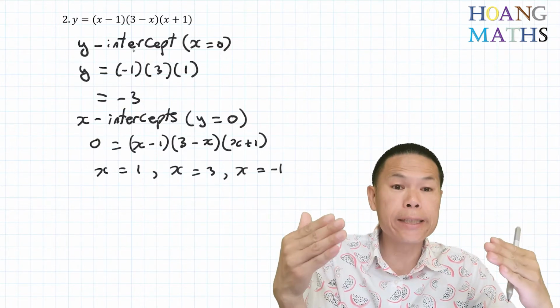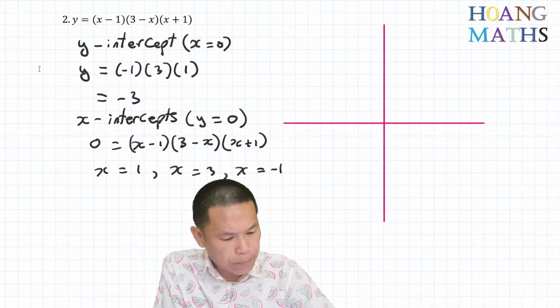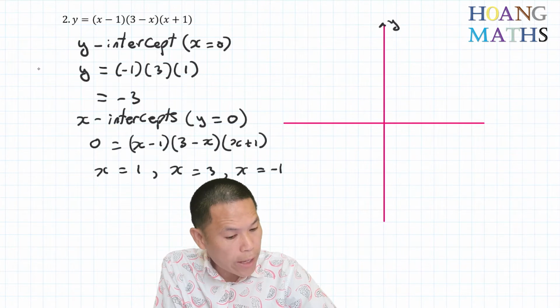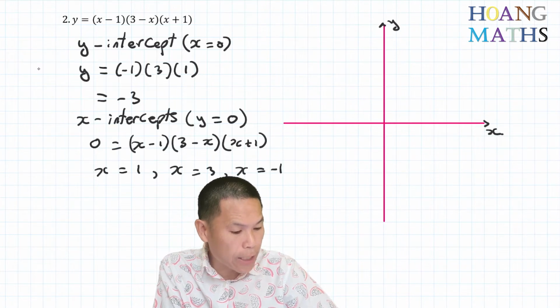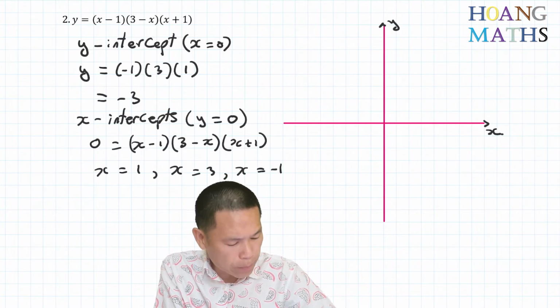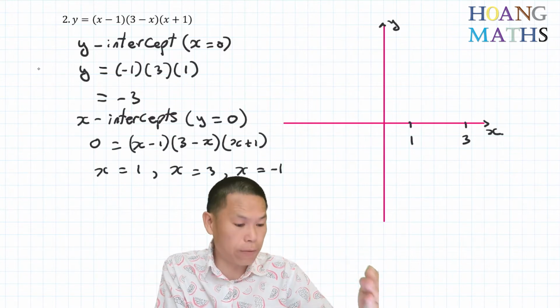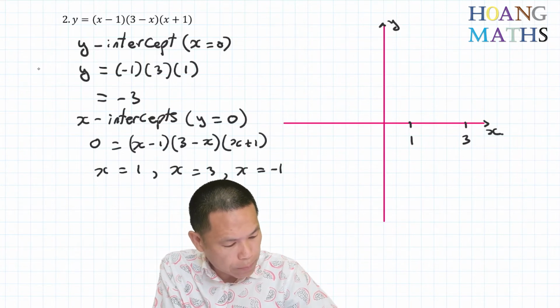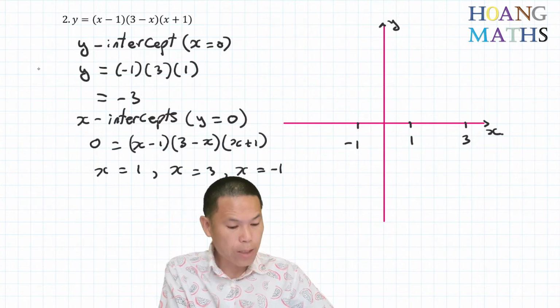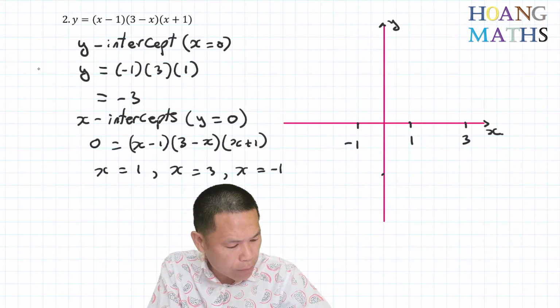So that is the x-intercepts. Now we just graph it. This is the y-axis, this is the x-axis. We have 1, 3, and negative 1 as the x-intercepts. So I put 1 here, and then 3 roughly. Drawn not to scale, but still relative, okay? And then negative 1 here roughly. And the y-intercept is negative 3, so negative 3 down here somewhere.